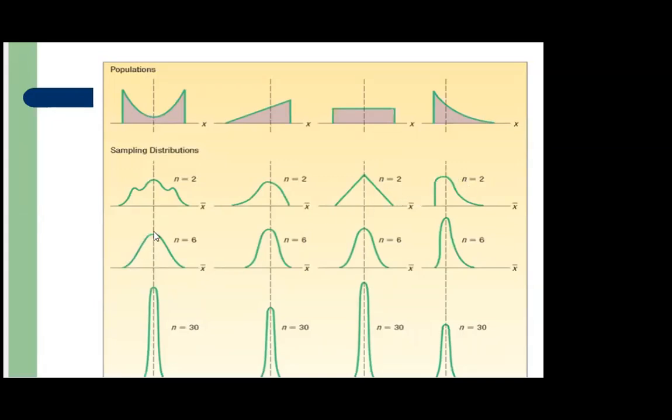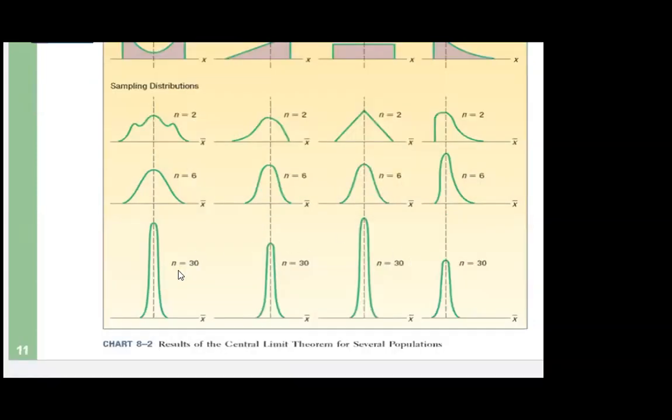If the sample size increases, that gets closer to normality, and the larger the sample size, you can get a sample mean distribution that is perfectly normal.